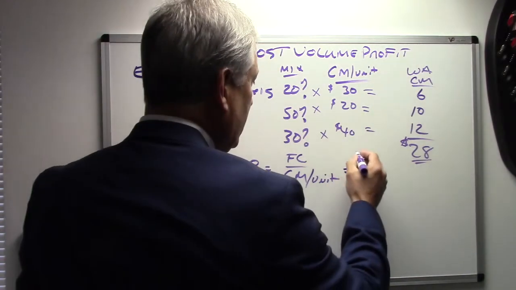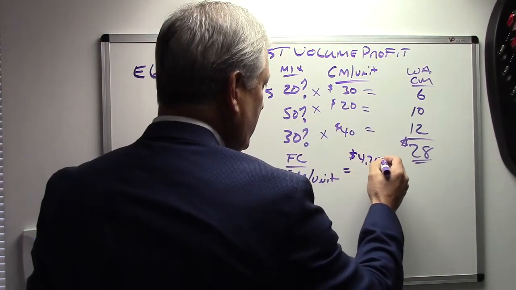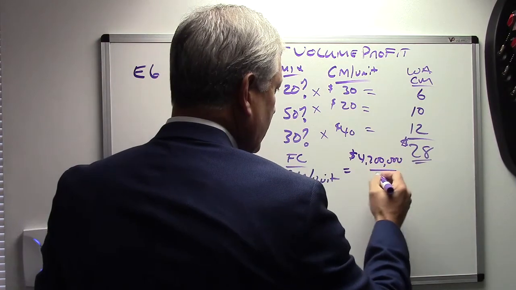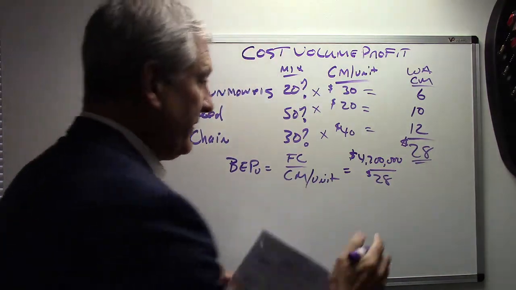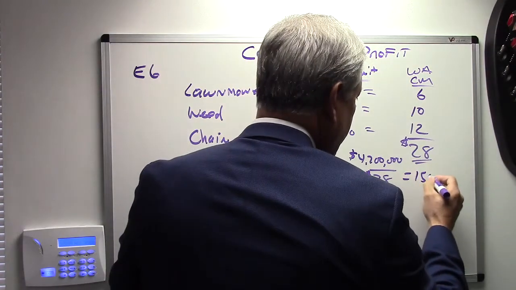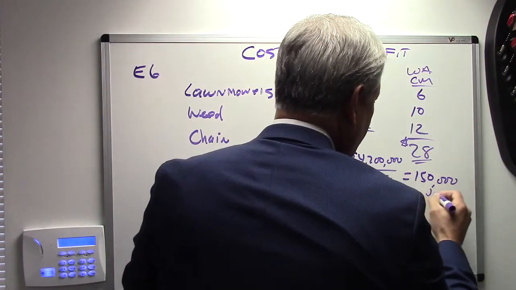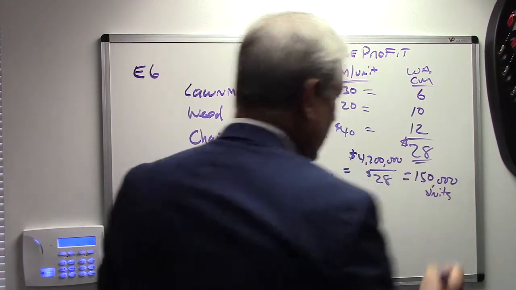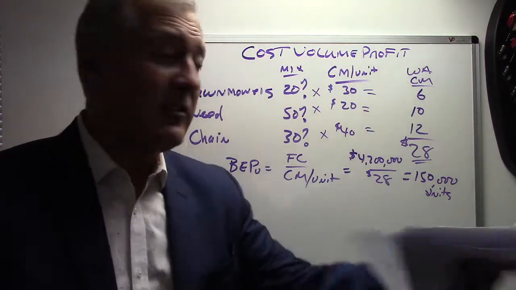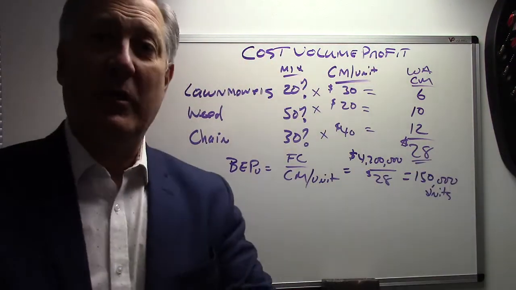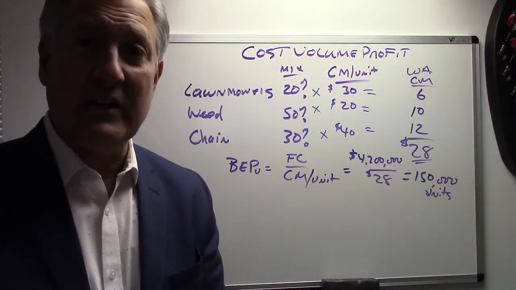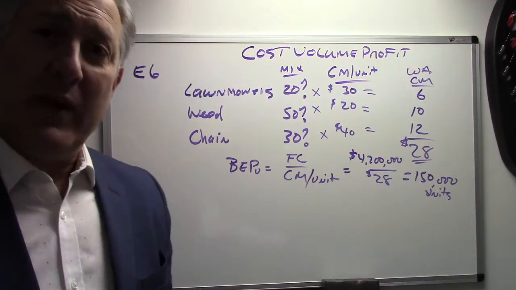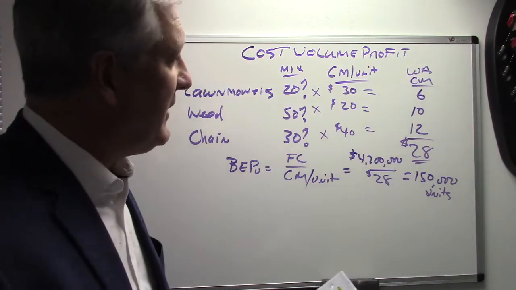So this is going to be $4,200,000 divided by $28 per unit. So this is 150,000 units. Dollars divided by contribution margin per unit is going to give you 150,000 units. So in order to break even, they have to sell 150,000 units.